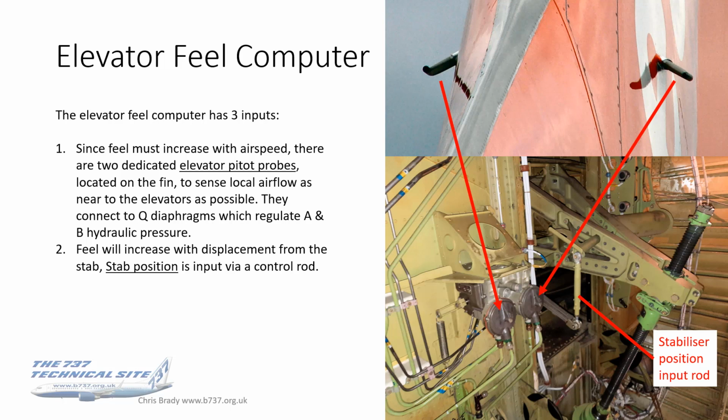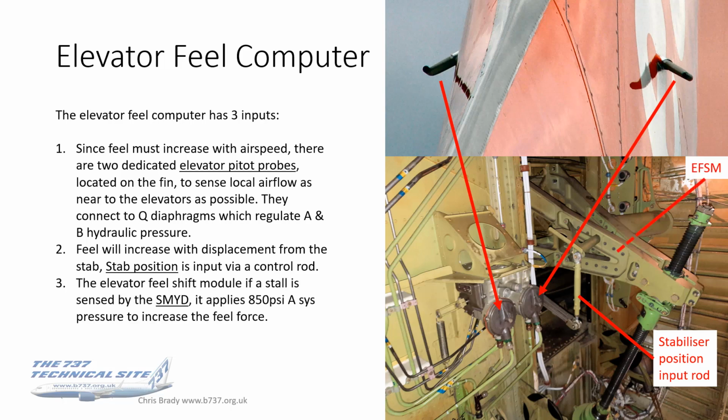The third input is from the SMID. It's the elevator feel shift module. Now, the SMID, clever little computer that it is, it says, right, you're approaching a stall. You really don't want to be pulling any further back on the controls. I'm going to give you a little bit of assistance.